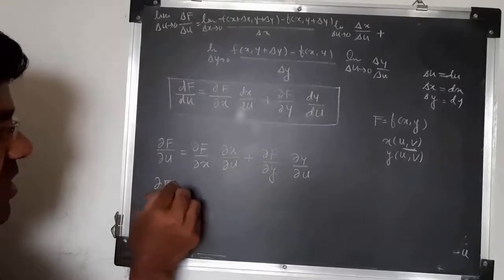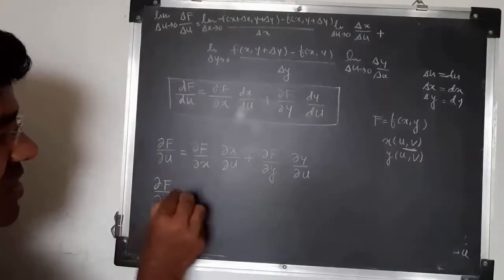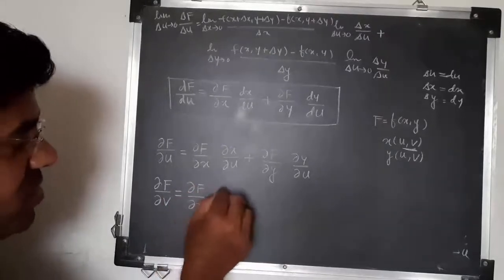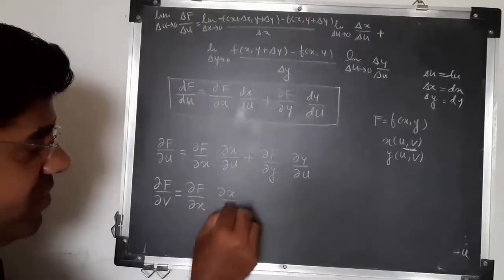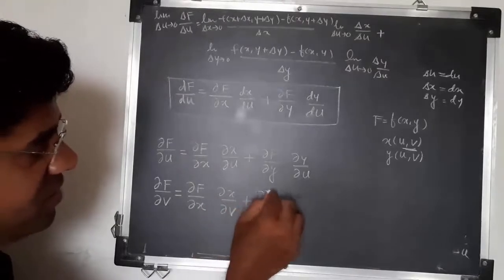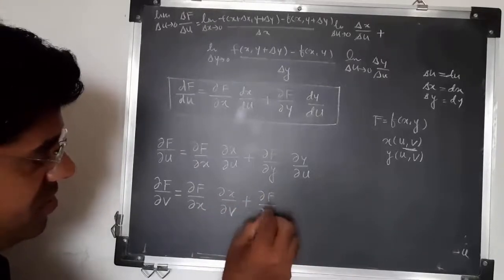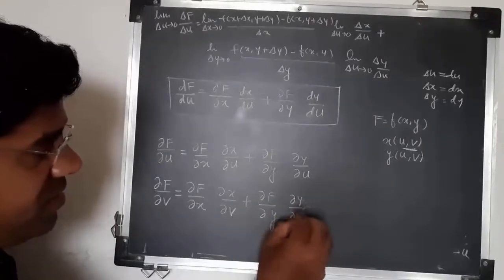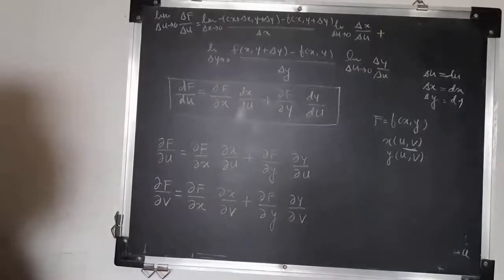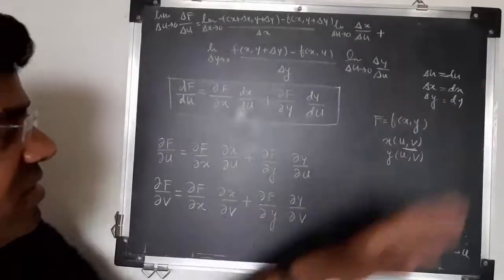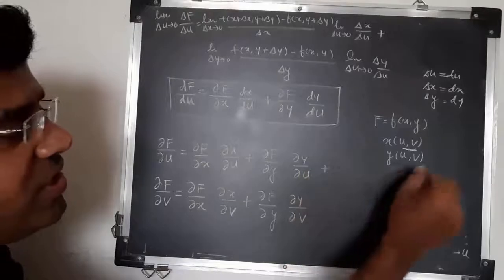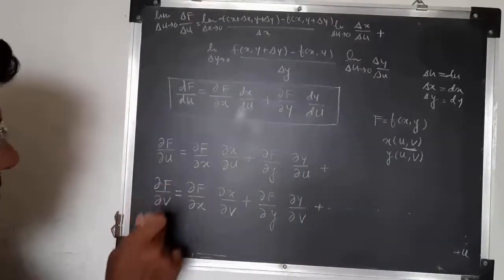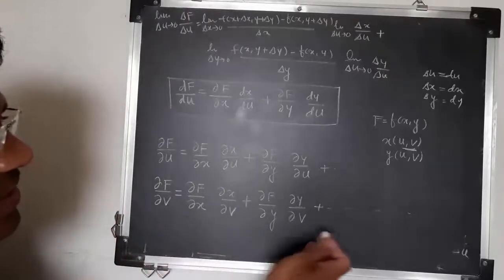This is del f by del x into del x by del v plus del f by del y into del y by del v. Suppose there is u, v, w as well, you just have to add the terms in the same way, and you will get the additional term, del f by del w.